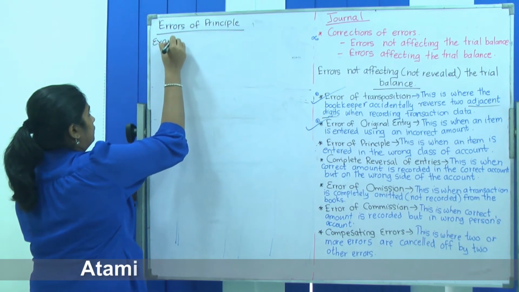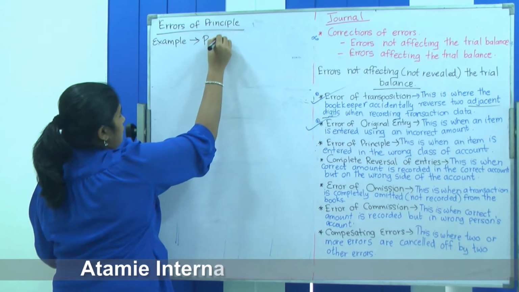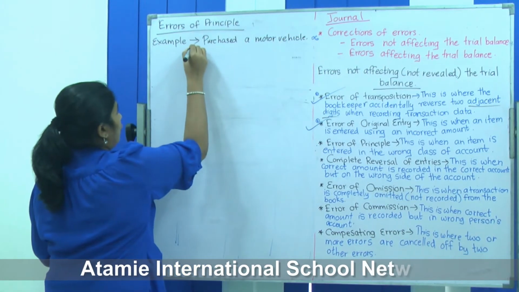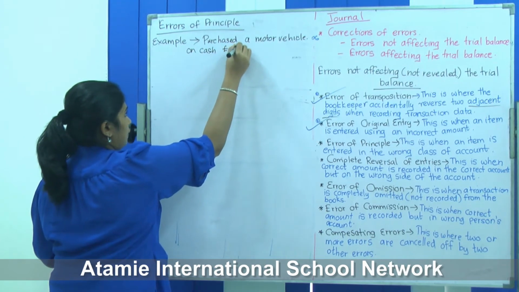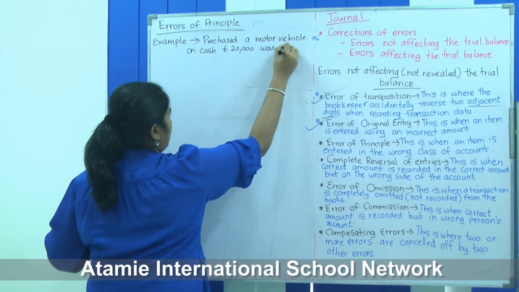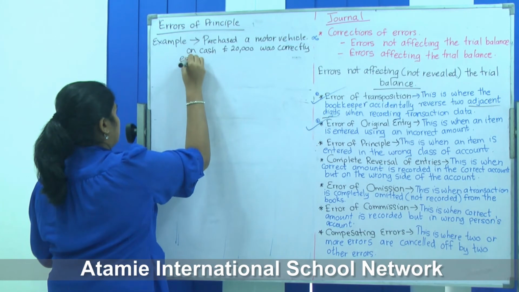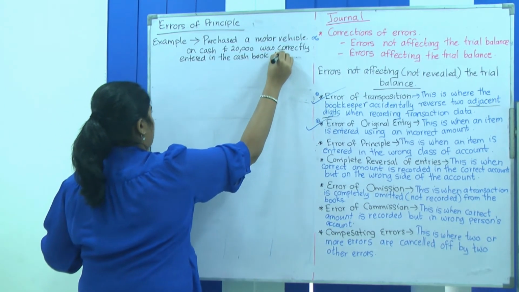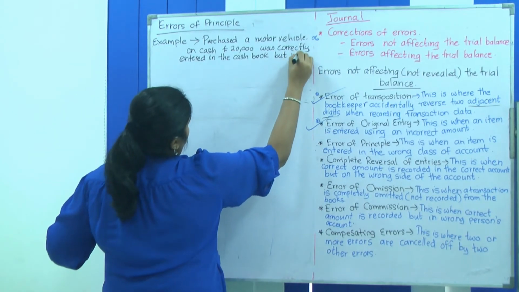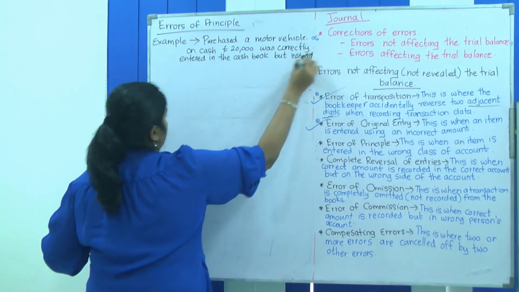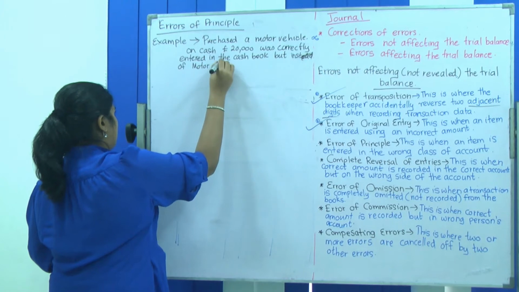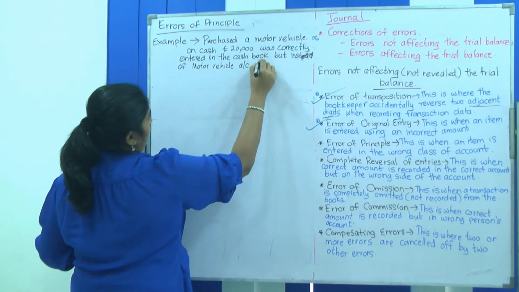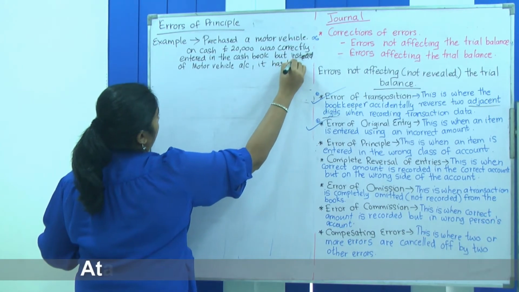For an example, purchased a motor vehicle on cash, 20,000 was correctly entered in the cash book, but instead of motor vehicle account, it has been entered in motor expenses.